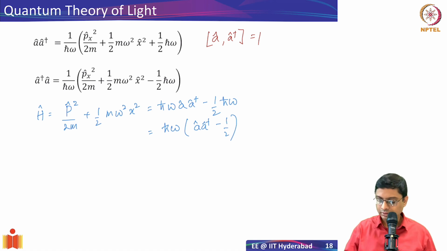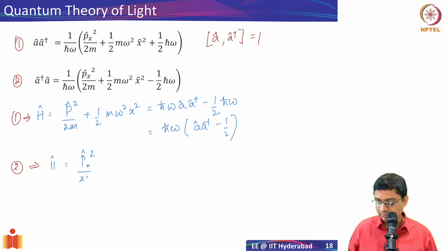This is using 1. 2 implies, this is, I'll call it as 1 and this is, I'll call it as 2. 2 implies H cap equal to p x square by 2m plus half m omega square x cap square, equal to h cross omega a dagger a plus half h cross omega.